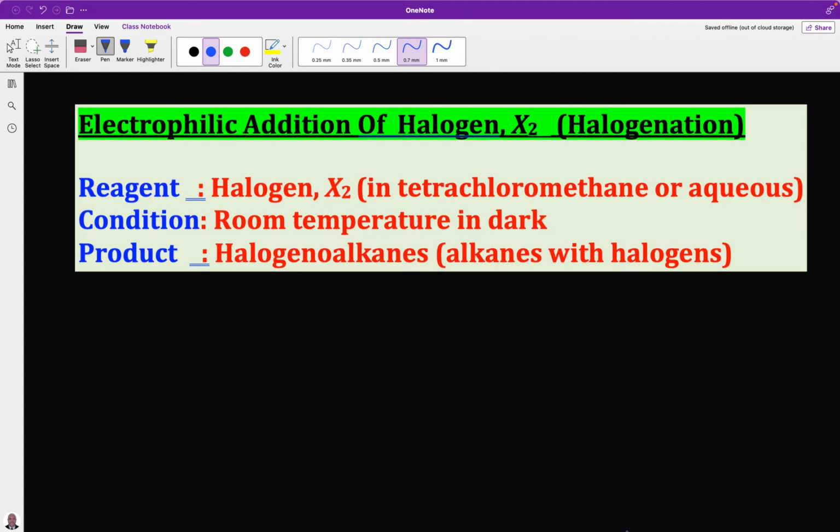Now, we are using ethene as our molecule. All this is taking place at room temperature.